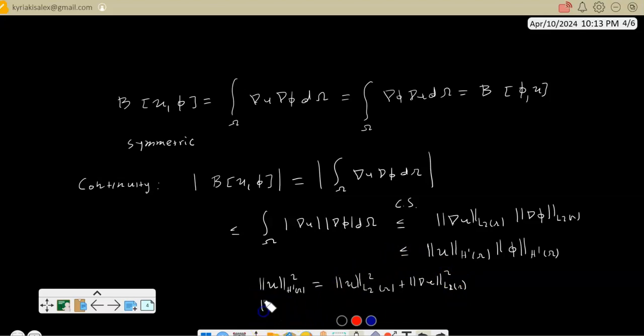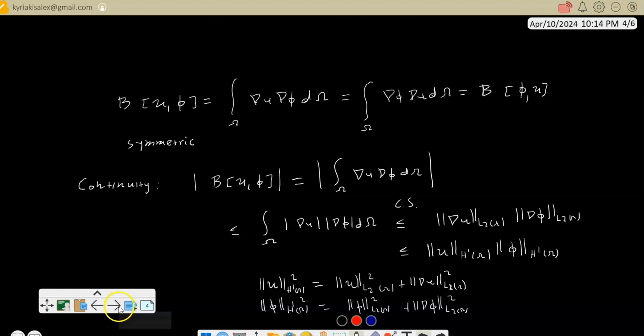And similarly, the norm of phi in H1 of omega squared equals the norm of phi in L2 of omega squared plus the norm of the gradient in L2 squared. So I have used this expression for the H1 norm in order to obtain this last bound here.